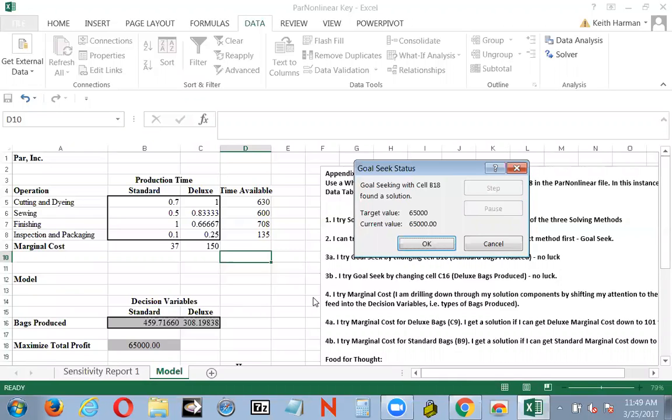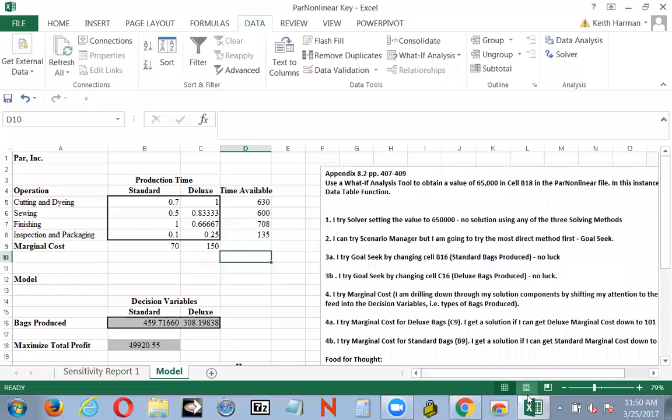What this shows us is that if we focus on the marginal cost of standard bags, if we get those down from 70 to 37, we can hit our maximum profit goal.